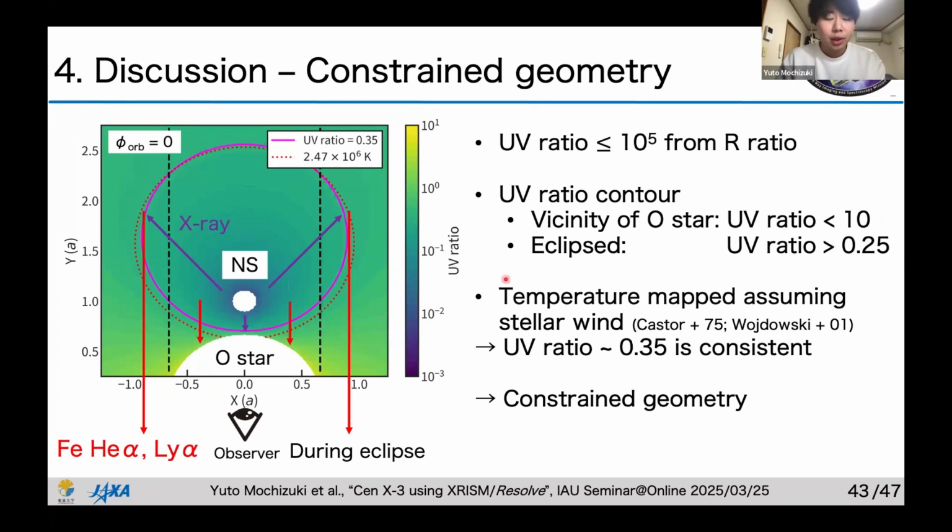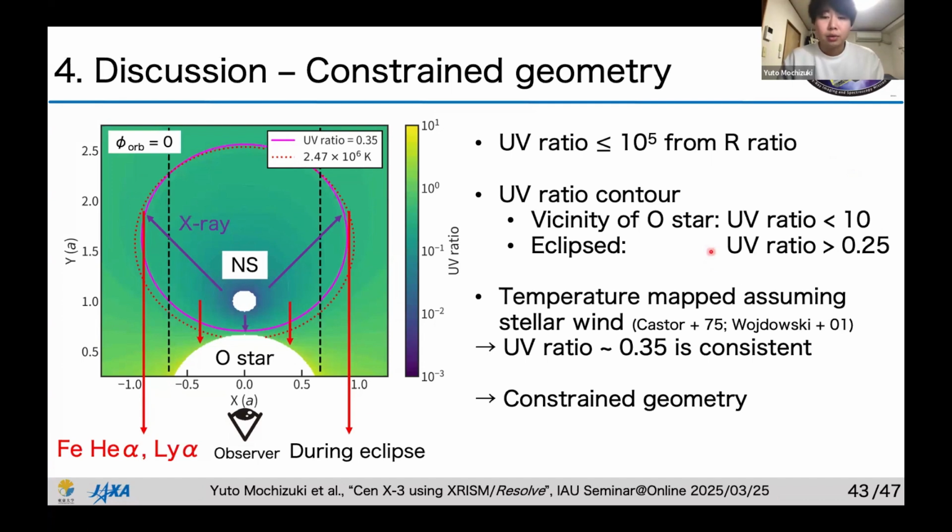Additionally, we plotted the electron temperature, assuming a stellar wind, in the red dashed region. When the UV ratio is 0.35, shown in the magenta region, it is consistent with the estimated electron temperature and other limitations.